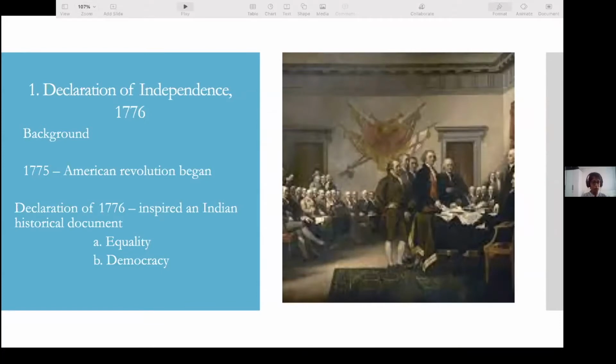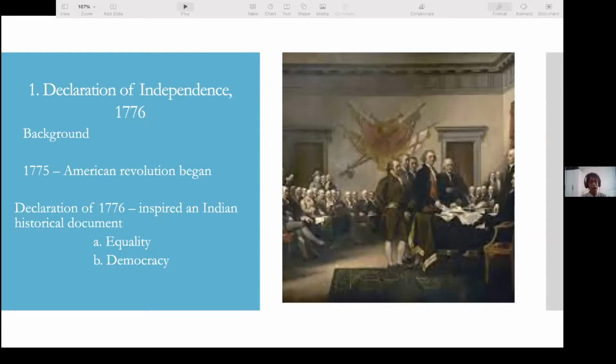As this is going on, on July 4th, 1776, the colonists came together and came up with a Declaration of Independence from the British.